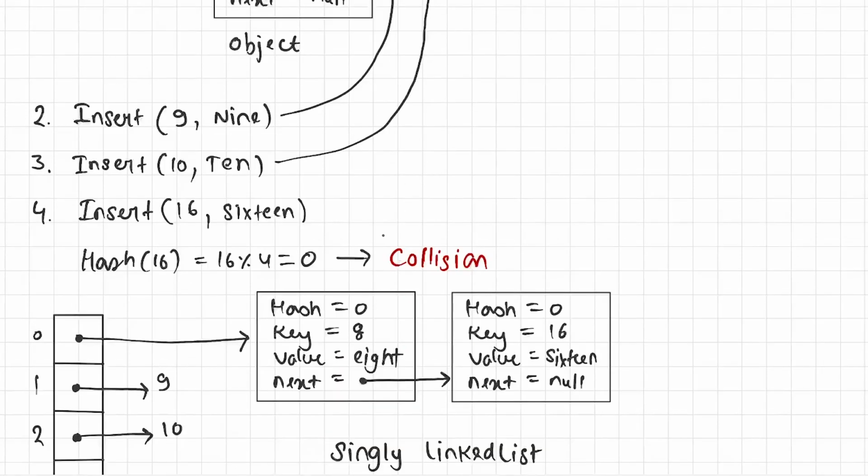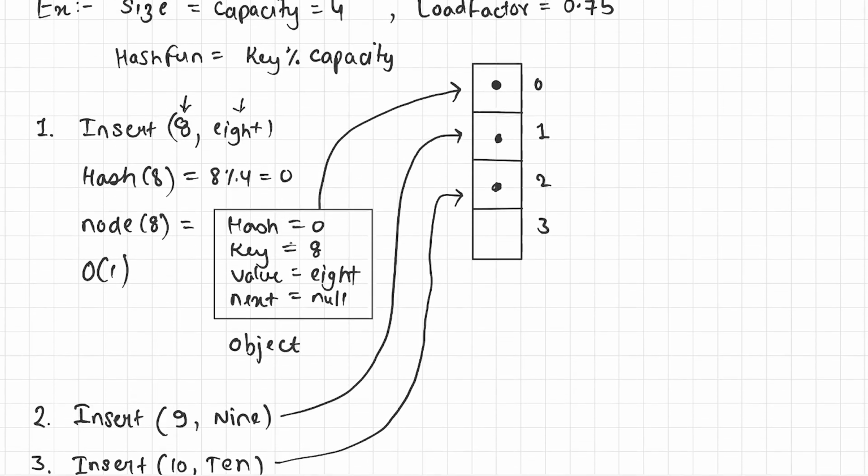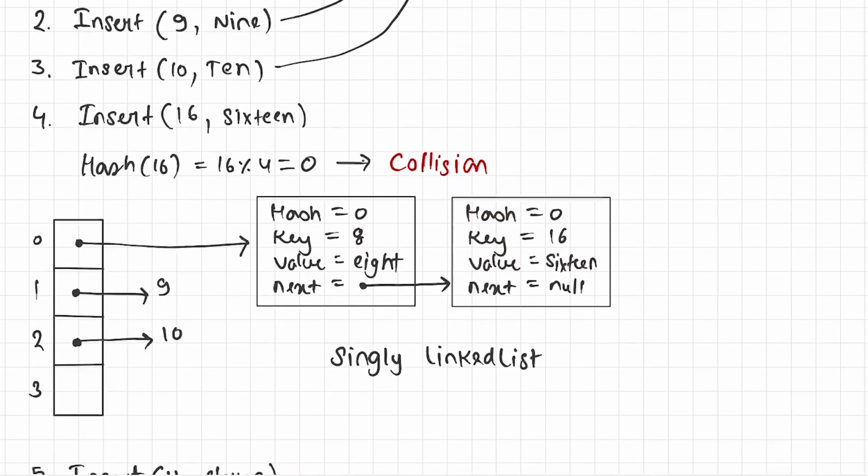The state in which two distinct key value pairs generate the same hash code, we call a collision. Here you can see that 16 and 8 collide with each other. Now we have to manage two objects at one location. Let's see how HashMap handles these collisions.